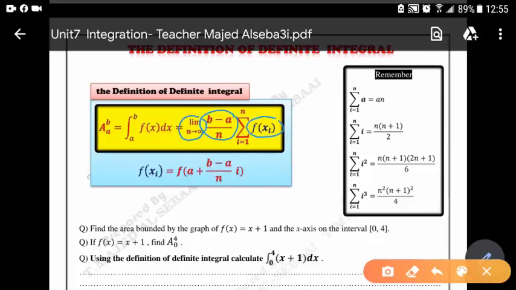What is f of xi? It is f of a plus i times b minus a over n. A is, for this question, 0, and b minus a, b in this case, is 4 over n times i.